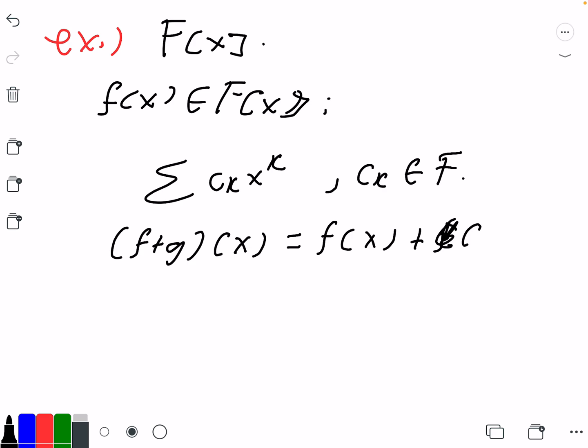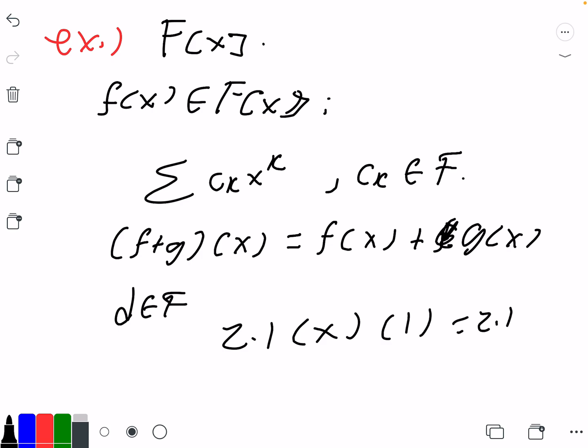And if you take some d in F, so let's take F to be the real numbers, then 2.1 times x, of say 1, is going to be 2.1. Thinking of polynomials as vectors is actually very helpful for certain things, which we'll see shortly. Anyway, let's talk about linear combinations.